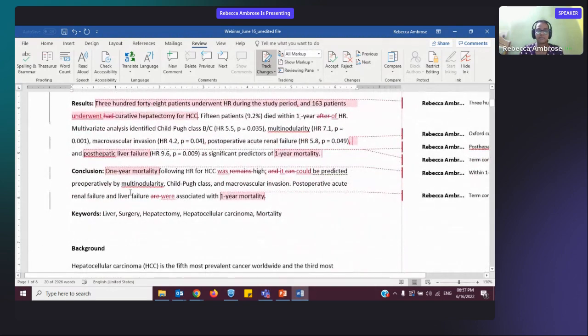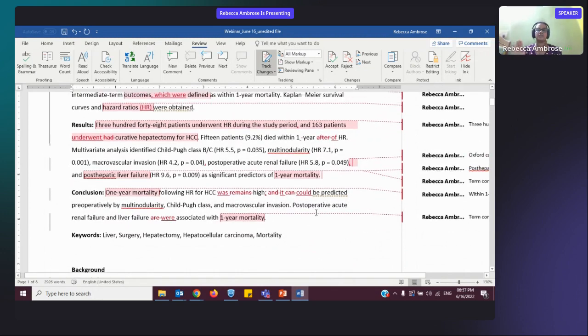But over here, while we do have the conclusion, they don't have a definite statement saying the risk factors were found to be so and so. So it's not a huge issue as such, but I think that could be one suggestion that you could make for the author over here, just to make it super clear for anybody who's reading it.